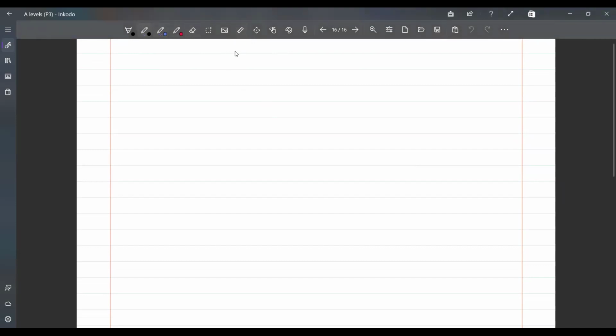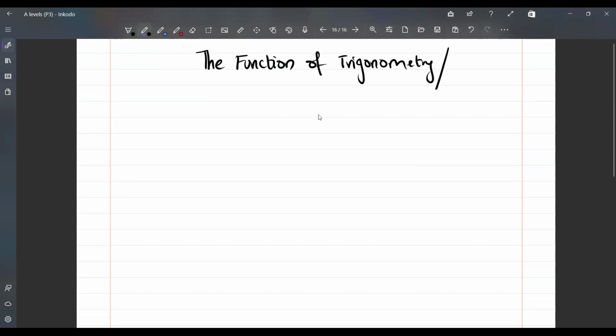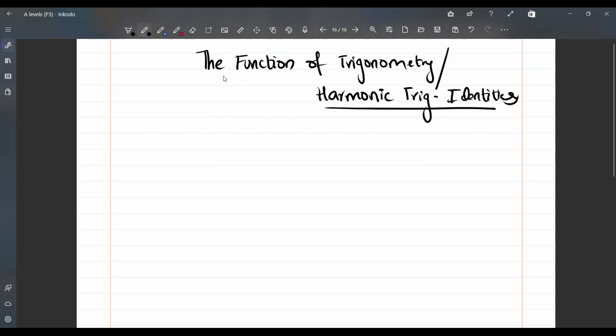So, the function of trigonometry, or more simply, harmonic trigonometric identities.